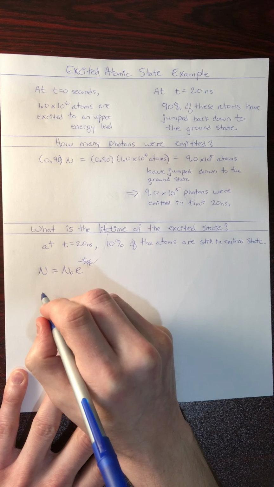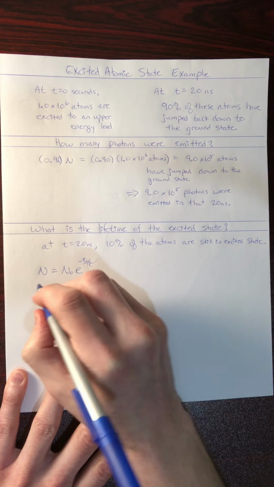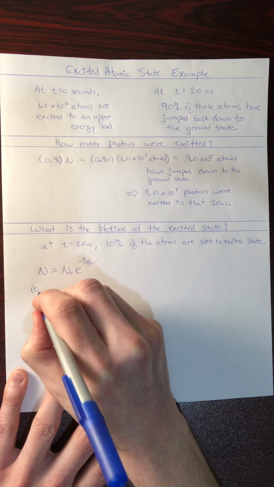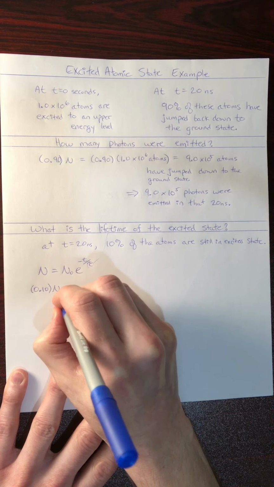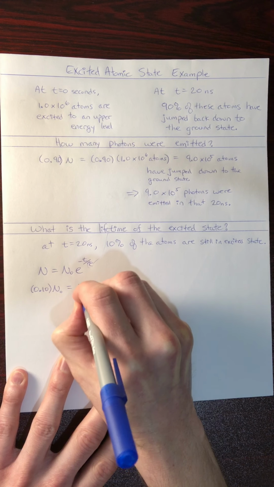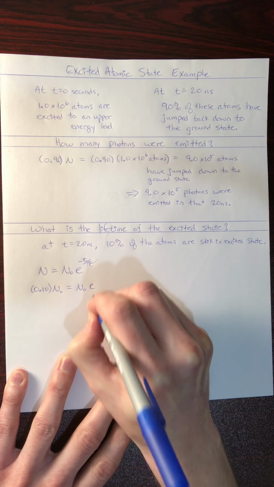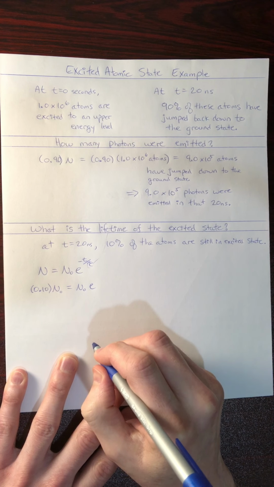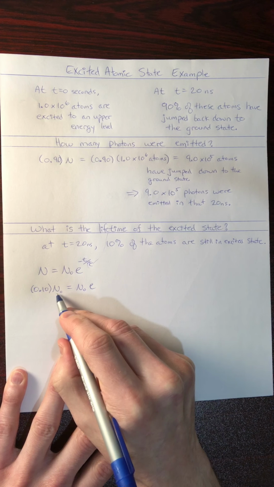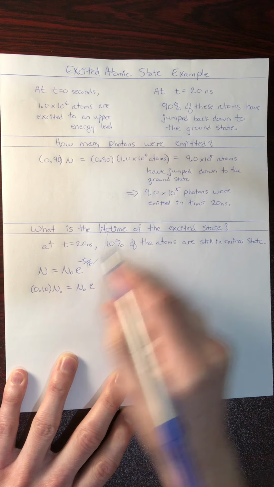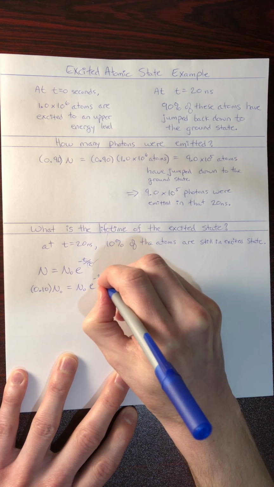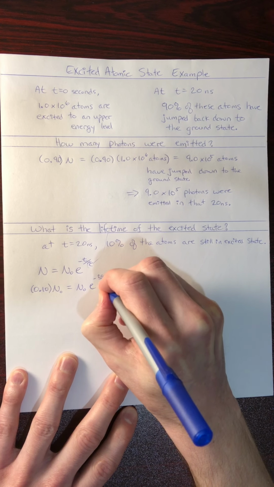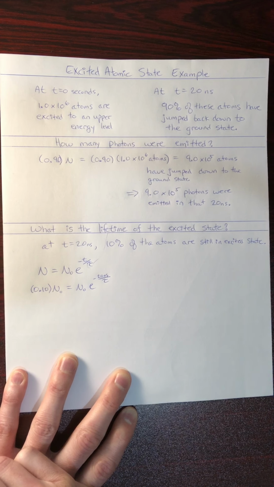So the number that are still left at this particular time is 0.1, so 10% of the original number, N naught, is equal to N naught e. Now in this case, at this time, t is equal to 20 nanoseconds. So this is e to the negative 20 nanoseconds over our tau value, our lifetime value.